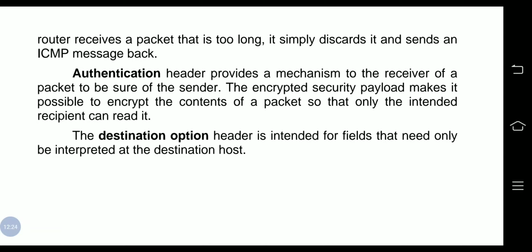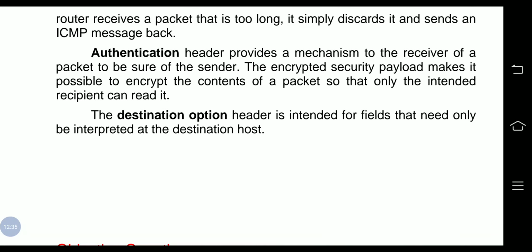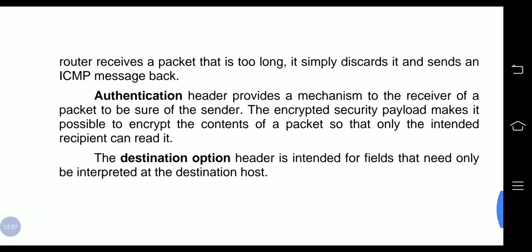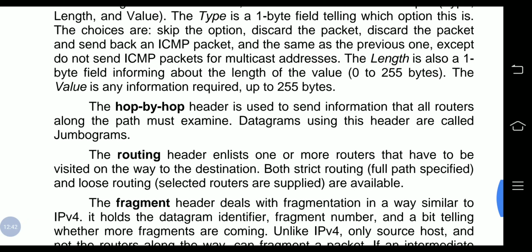Then the destination option header is intended for fields that need only be interpreted at the destination host. So these are the 6 extension headers that are used in IPv6.